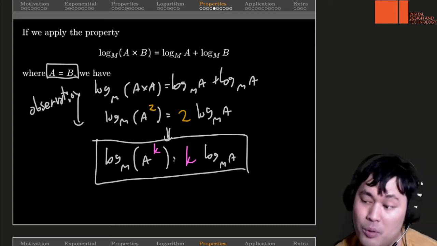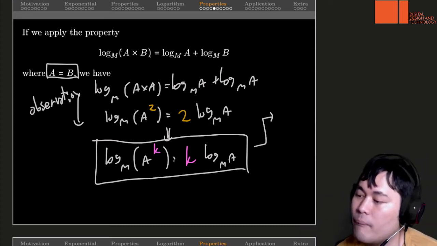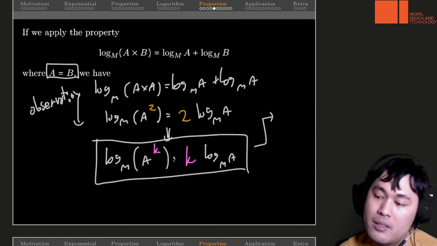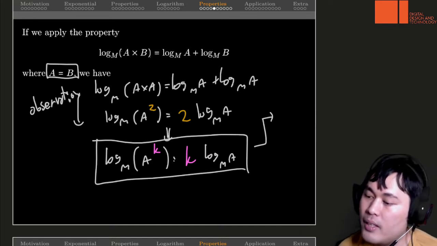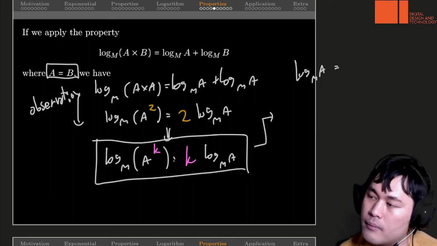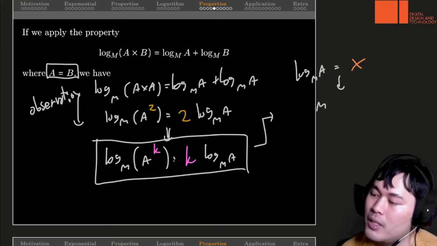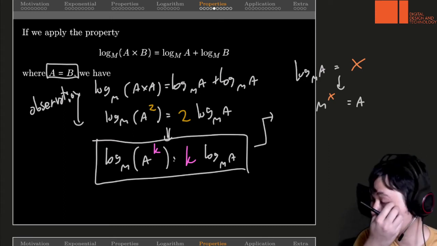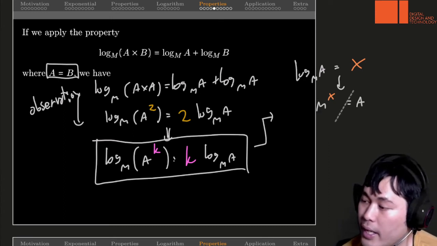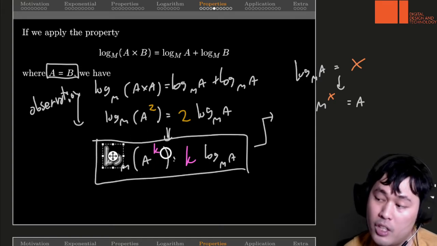But to prove that, we have to rely on, again, back to the exponent. So let's say log base m of a is x, and that implies m to the power of x is a. Right, and on the left hand side we want a to the power of k.